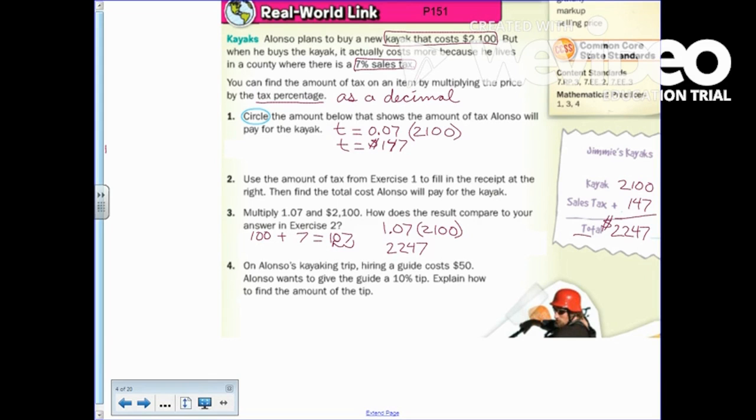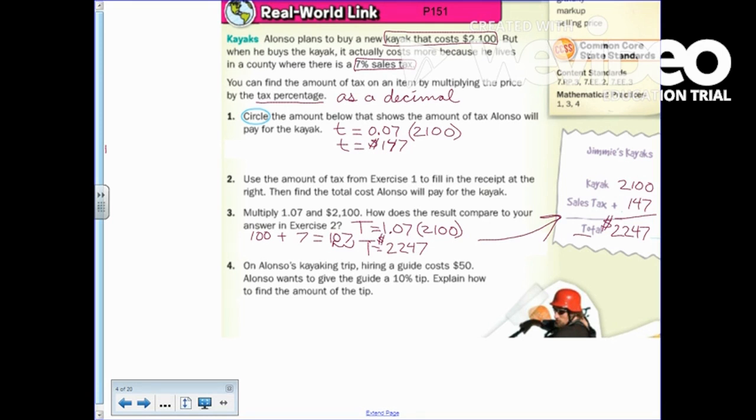So you add those two things together and 1.07 will give you the total cost. So what we actually found here was capital T, the total of $2,247. And notice you did it in just one multiplication problem instead of having to do a multiplication problem and then an addition problem like we did over here with the receipt.